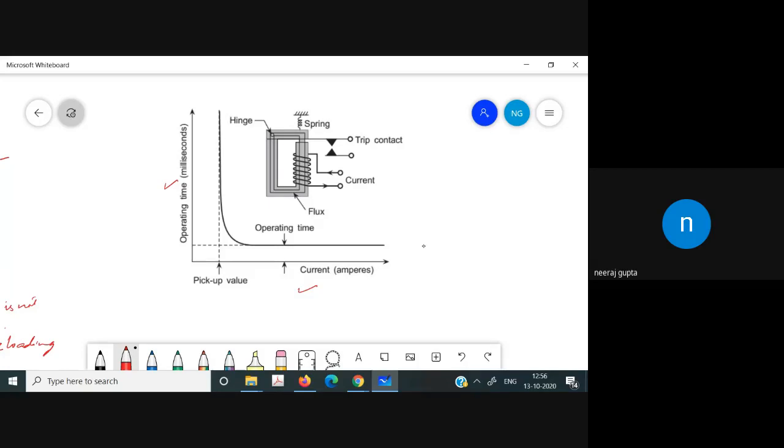So in this case, as you have seen, it can be realized with the help of this. We have the core, and then the wire is wound around that core. Whenever the current increases within that particular core, the flux increases, and when the flux increases, it causes the force on the armature to build up.